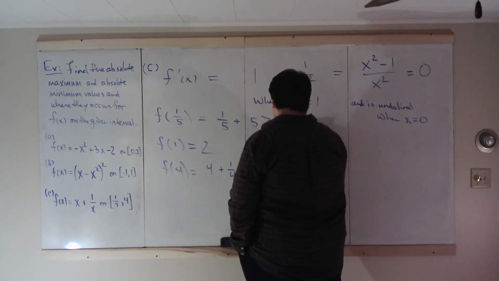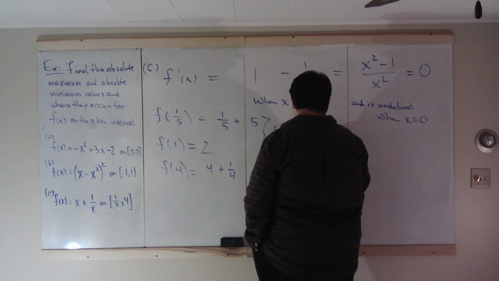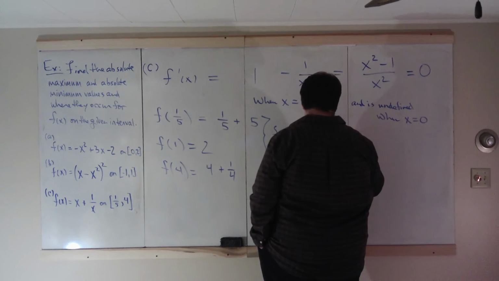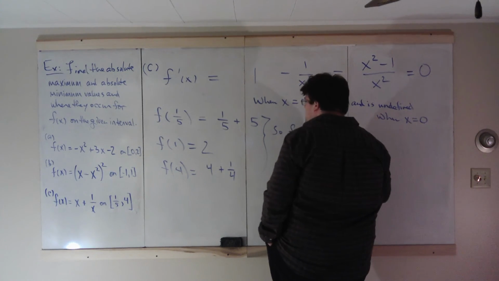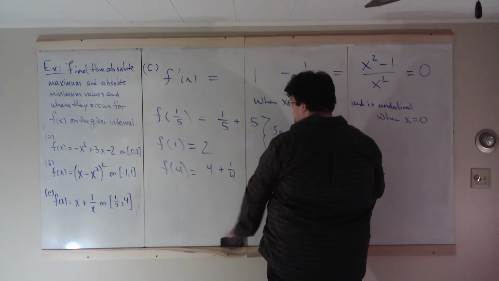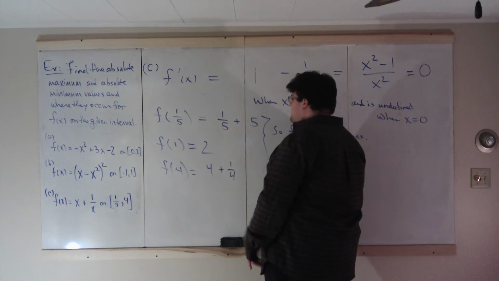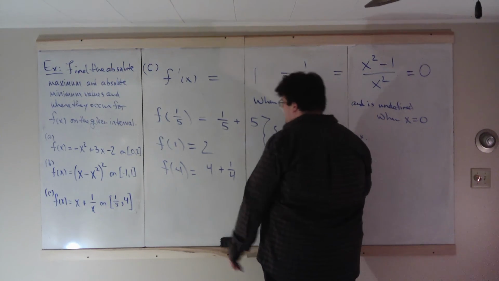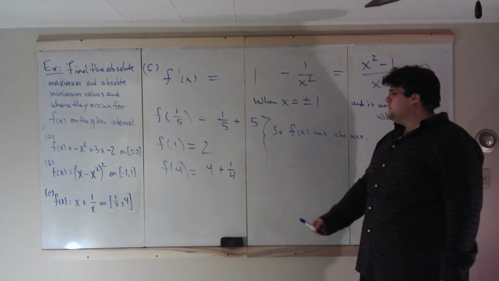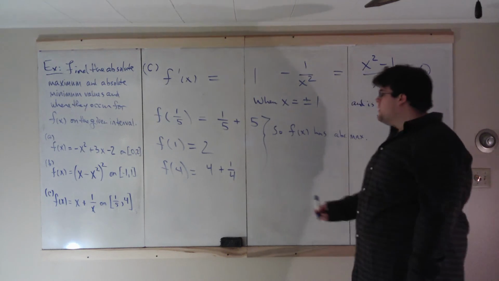So f of x has absolute maximum. What's the largest? Well, if I wrote this as 26/5 and wrote this as 17/4, I'd have to do extra thinking to figure out which is larger, which is smaller. But when it's written like this, this one is obviously larger than that one.